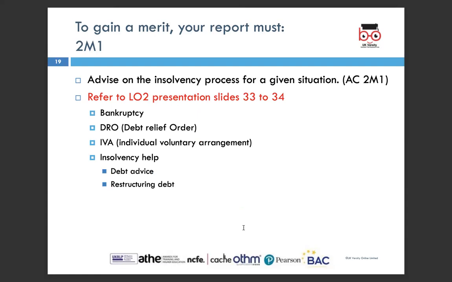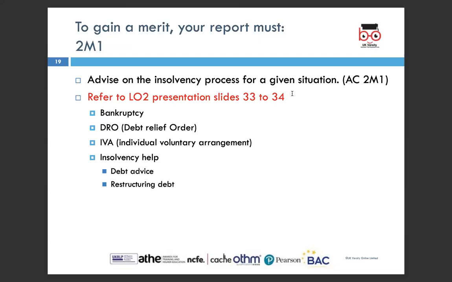Thank you. Okay, so to gain a merit, your report must advise on insolvency process for given situations. So basically, bankruptcy: advise on the implications and process of declaring bankruptcy for Day Loan Limited, including the impact on assets and liabilities.